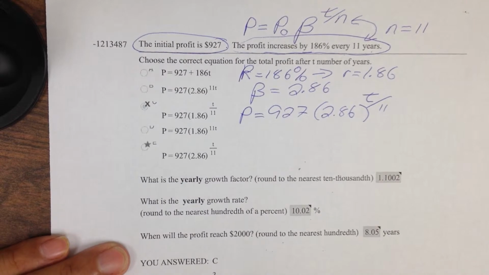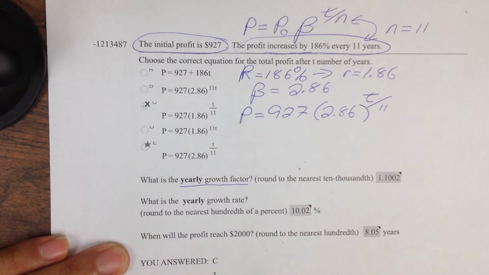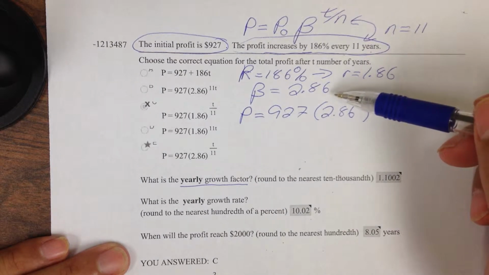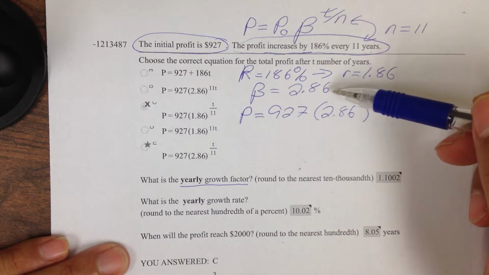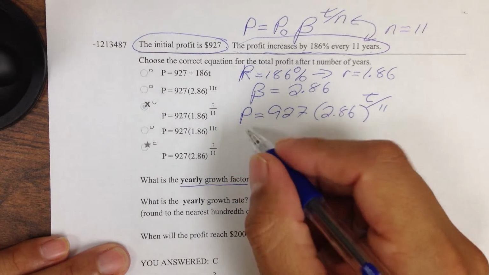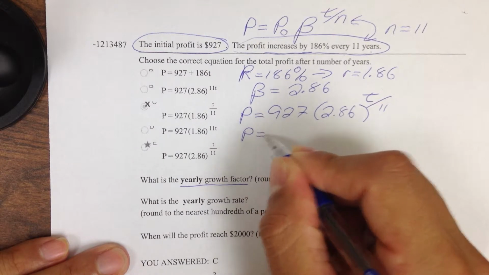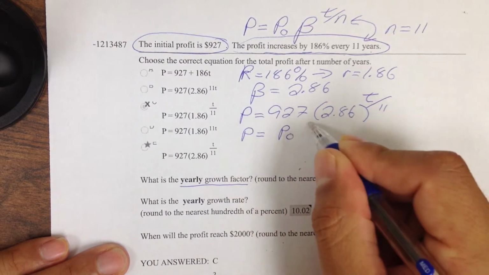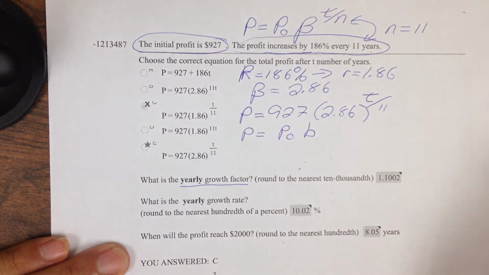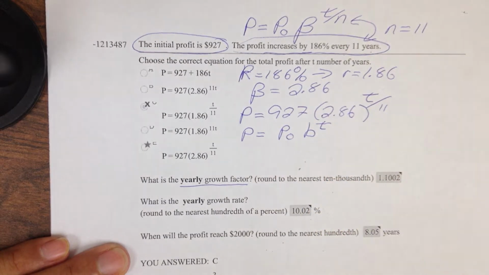Now, next aspect is what is the yearly growth factor. Remember, beta is not my yearly growth factor, it's my growth factor every 11 years. So to get my yearly growth factor, I need to have it in a yearly format, which is P equals P naught B to the t, which is going to give me a factor for every 1 unit of t.